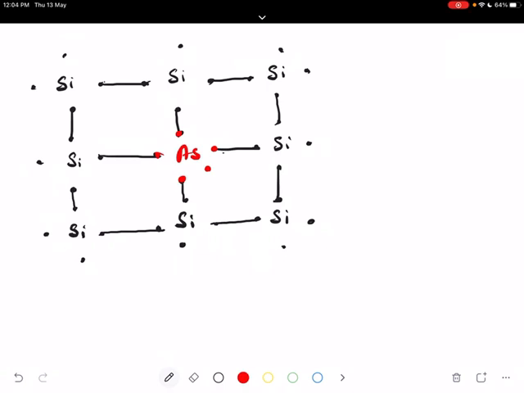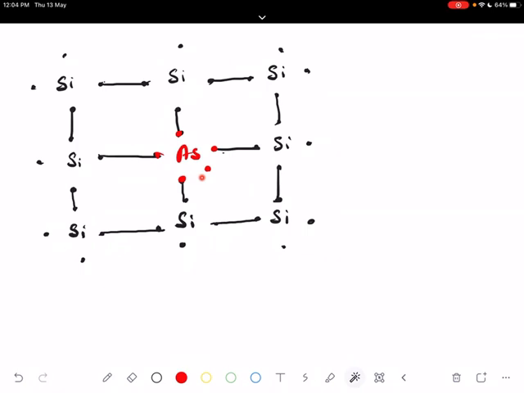The fifth extra electron is free, per atom one extra electron. This extra electron is responsible for the conductivity. The increased conductivity is due to these free electrons. If you add more and more arsenic, more and more free electrons will be there.